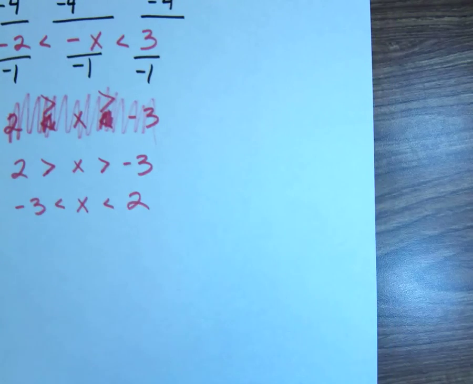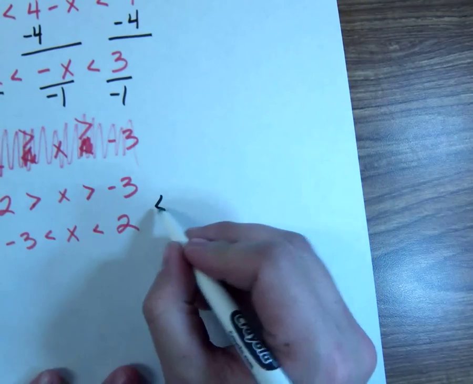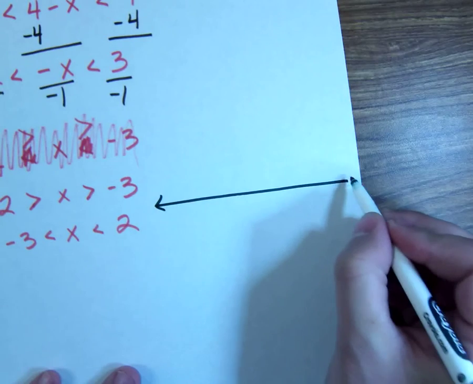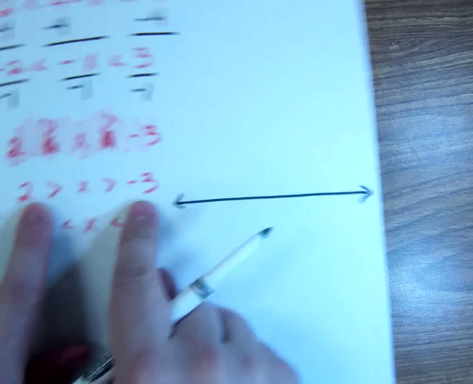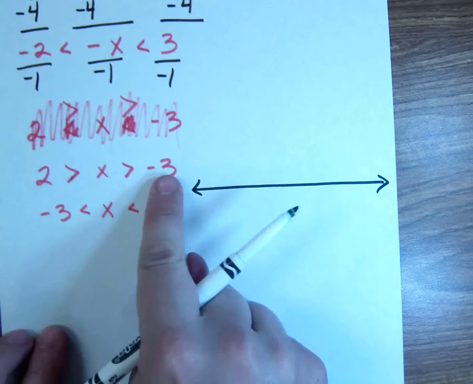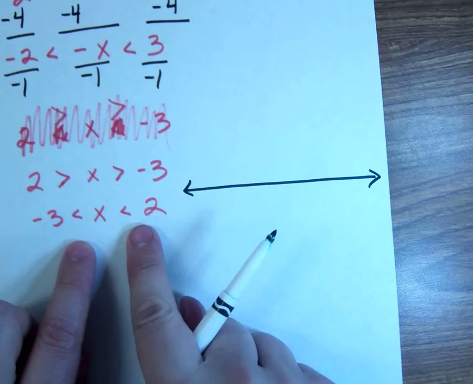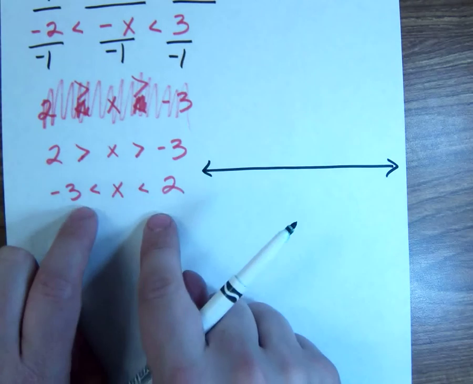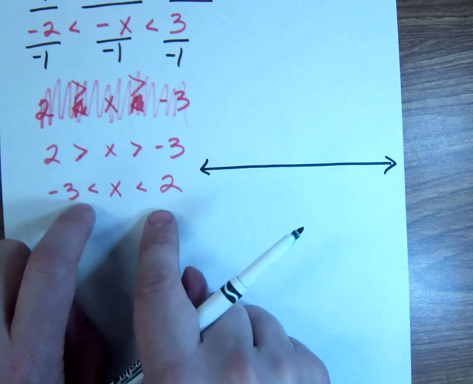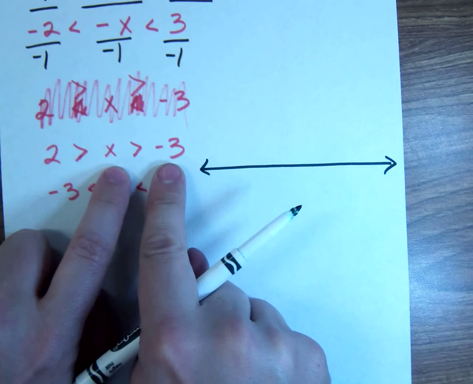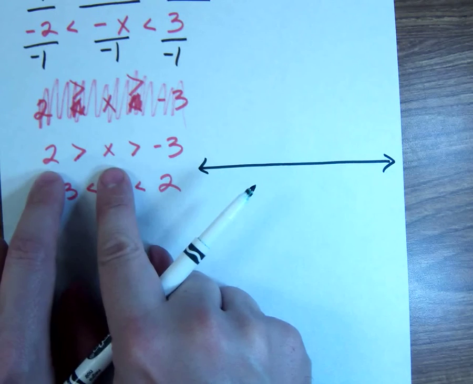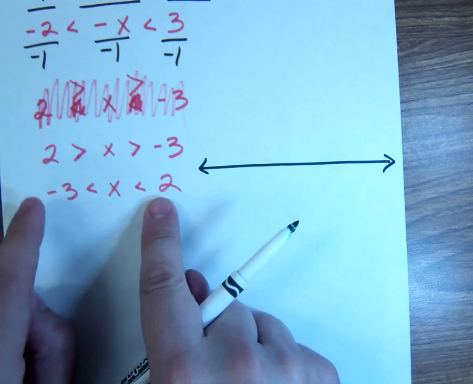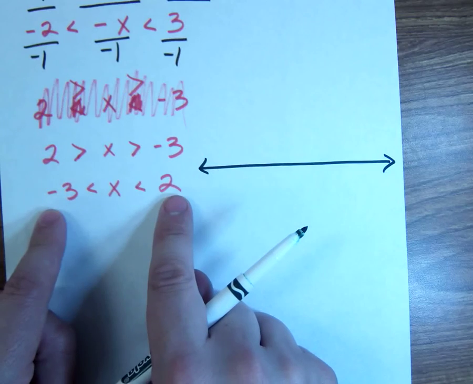I switched the numbers, and I switched the symbols as well. I think writing it this way makes more sense than writing it this way. But these are exactly the same thing. X is bigger than -3, but it's less than 2. To me, it makes more sense to flip the whole thing so that the low number's on the left and the big number's on the right, but these are the same.